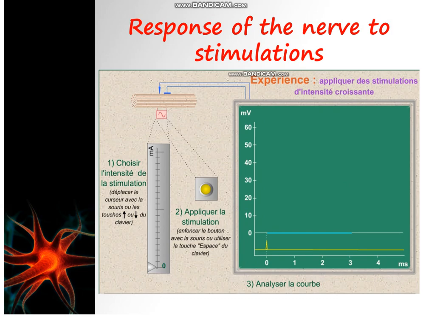In other terms, if all fibers in the nerve are at rest, the global potential is null. Now let's see the experiment and the obtained results.